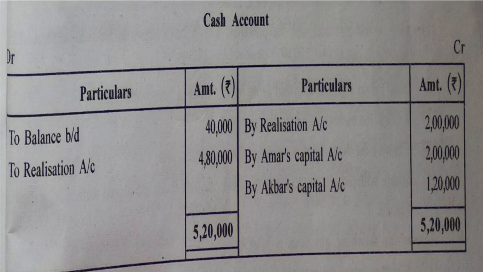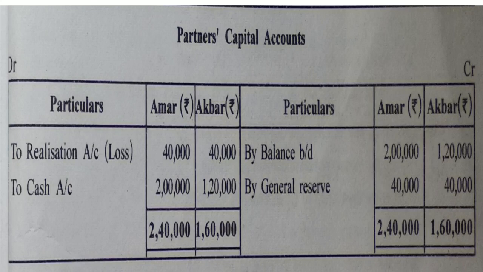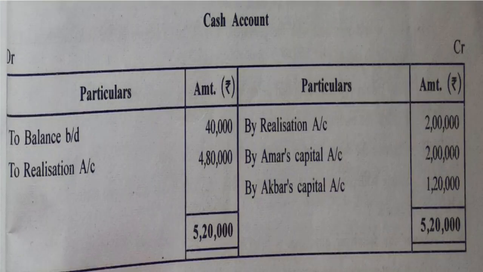And this is the second effect for the payment of cash to partners. Here, to cash, by Amar's capital account 2 lakh, by Akbar's capital account 1,20,000. Because we have prepared partner's capital account and also cash and bank account, the related effect will appear in both the accounts.